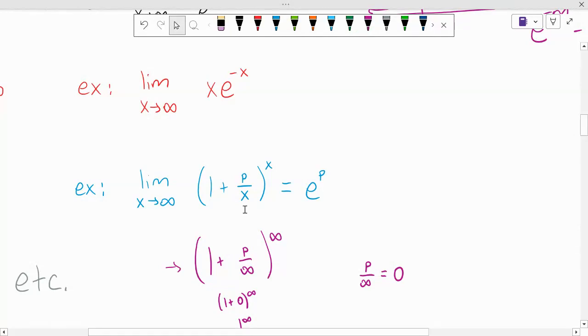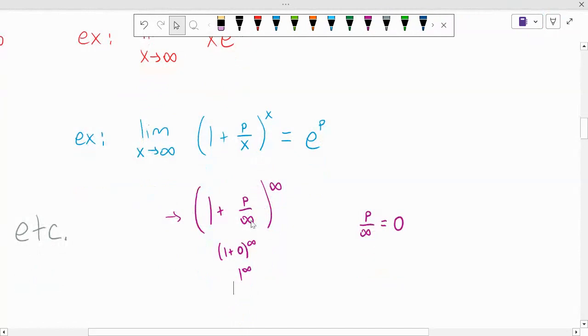But we won't be able to show this today or tomorrow, but you will learn in your calculus class how to evaluate this type of limit. And if you try to apply the techniques that you will learn to this problem, you'll actually find that this limit evaluates to e to the p.